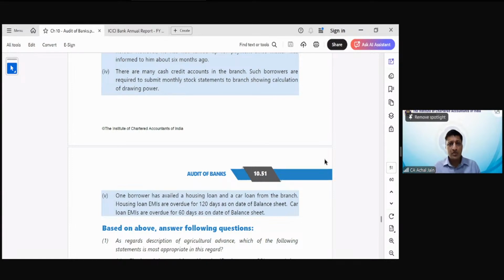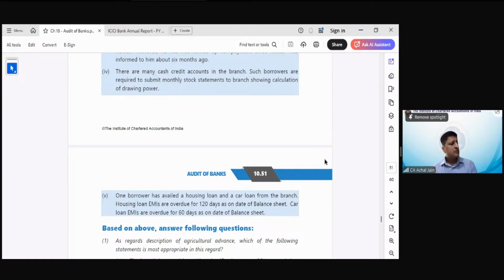So both the loans have been availed. Housing loan EMIs are overdue for 120 days. Car loan EMIs are overdue for 60 days. Okay. So as at the balance sheet date. Yeah. So I think these observations you have understood.